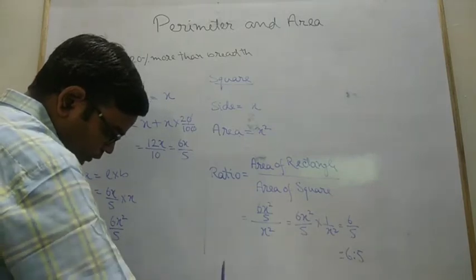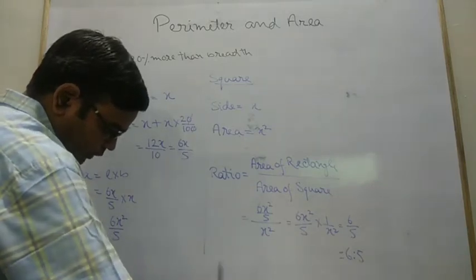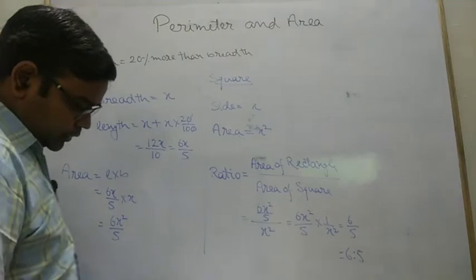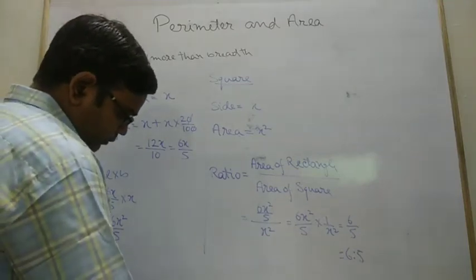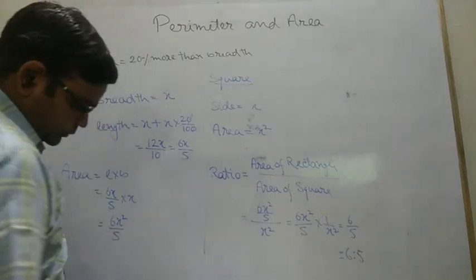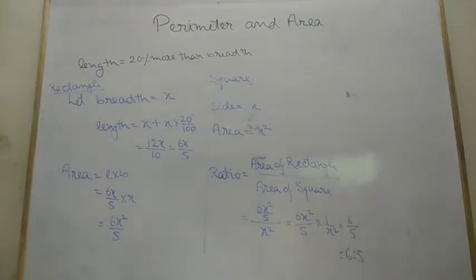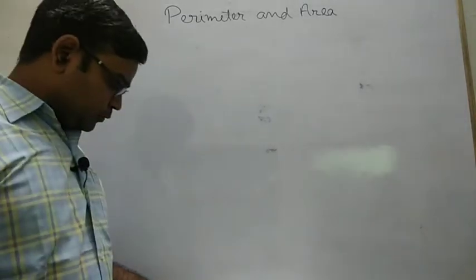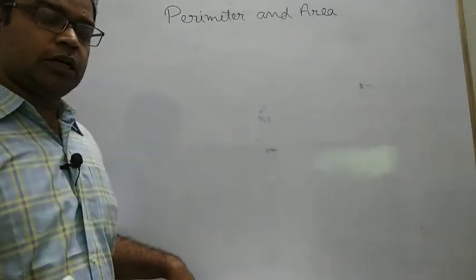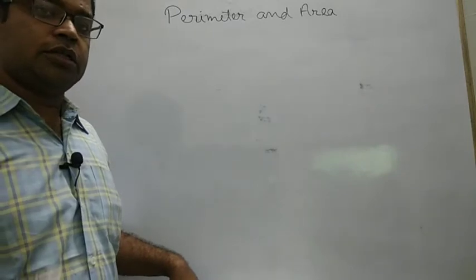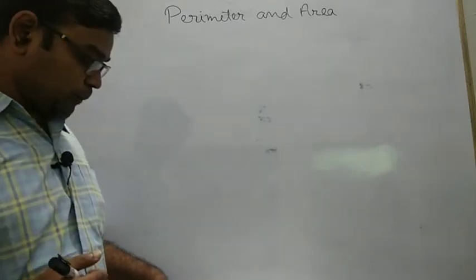It's about fencing a square field, and all the things are given. So we have to find out. We'll start with some interesting questions, and these two questions are the last questions of this video.